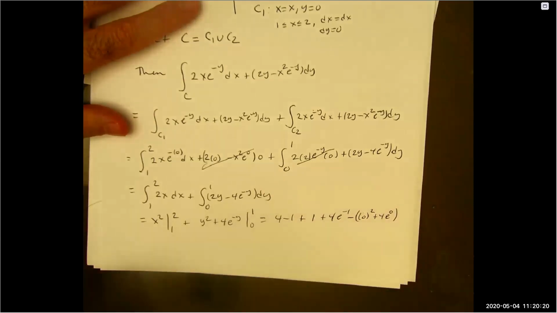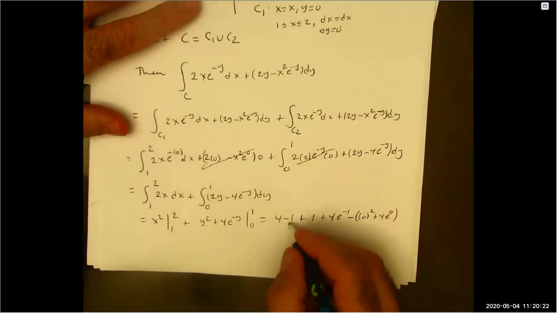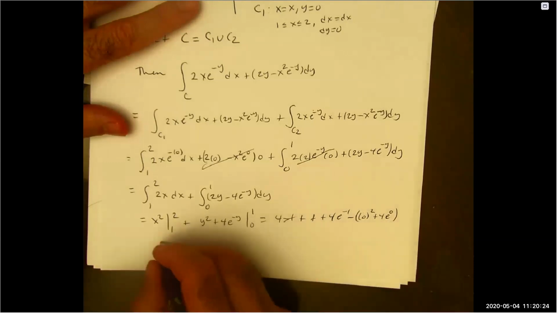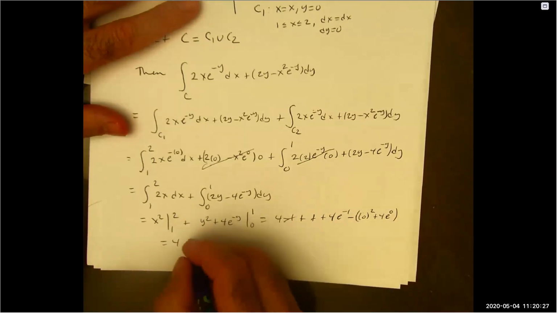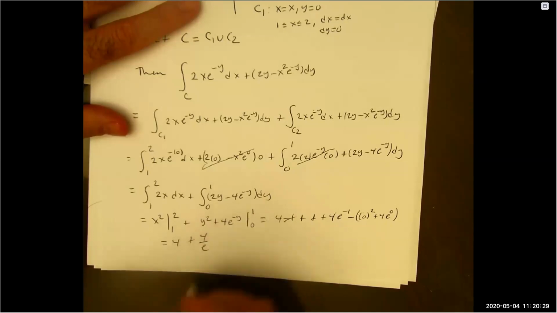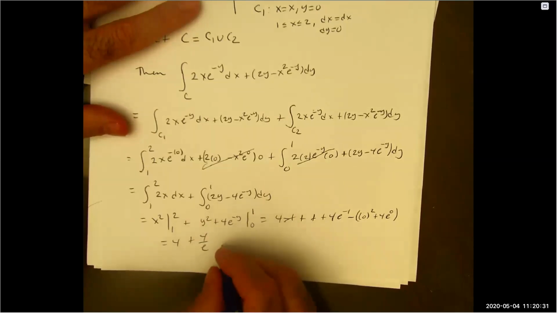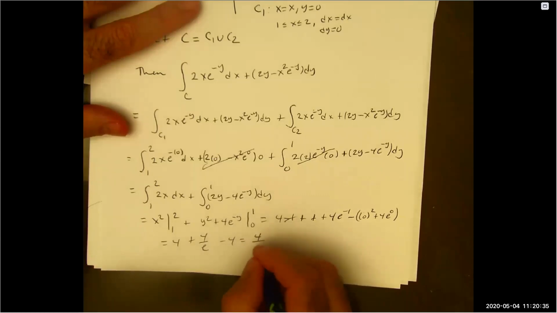And so what that will give me is 4 plus 4 over e, and then I'm going to be minusing 4. So I get, again, 4 over e.